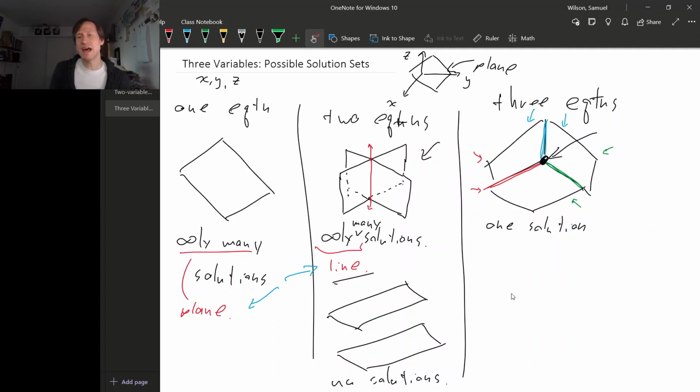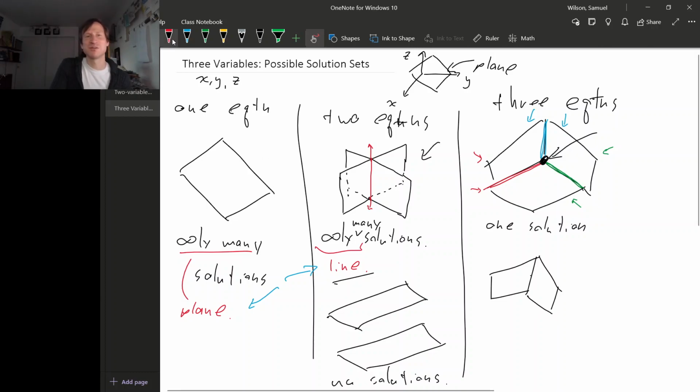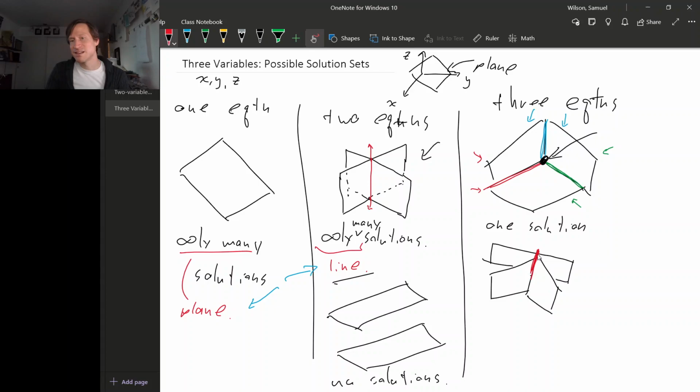Well, maybe we have 3 planes like this. So there's 2 of them like that, and then maybe there's one that goes across the back like this. These planes all happen to intersect at this line back here.